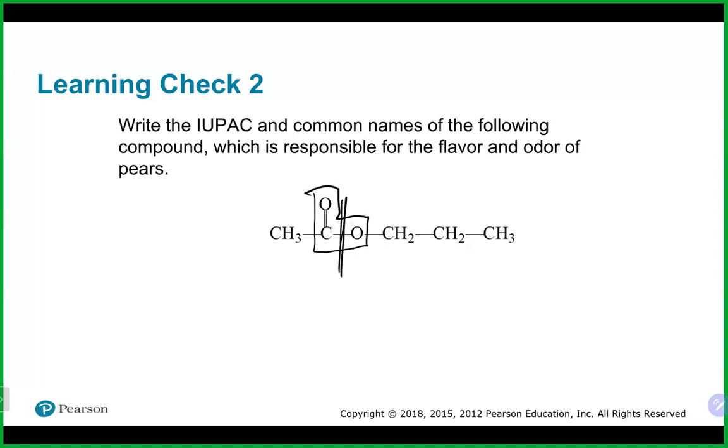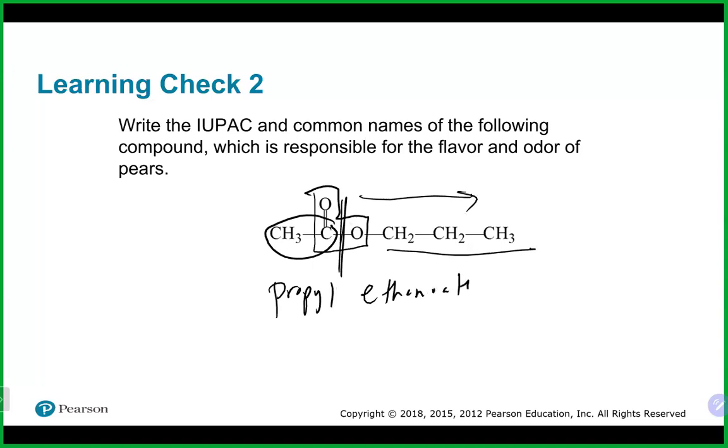I'm going to agree with the propyl part, which is going to come from our alcohol there. And we do have 2 carbons here, which is going to give us our ethanoate. So just like when it's drawn in line structure, sometimes people overlook the carbon of the carbon-oxygen double bond. So you want to make sure that you do account for that when you're counting them. Question on any of those there?